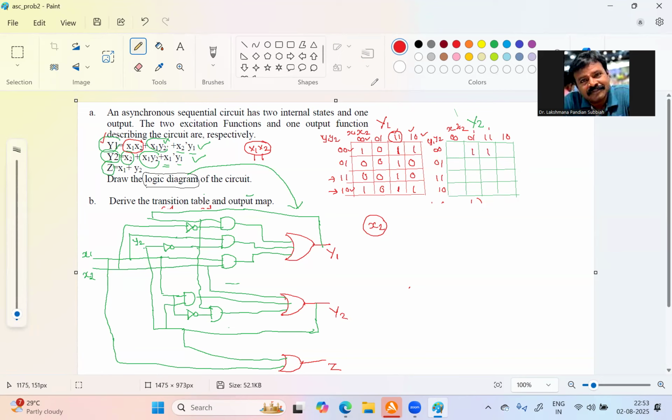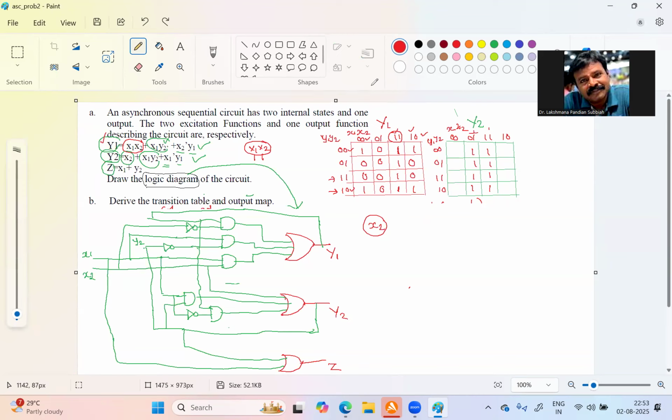In the second column and third column, you have to put 1. This is x2. Here x2 is 1.